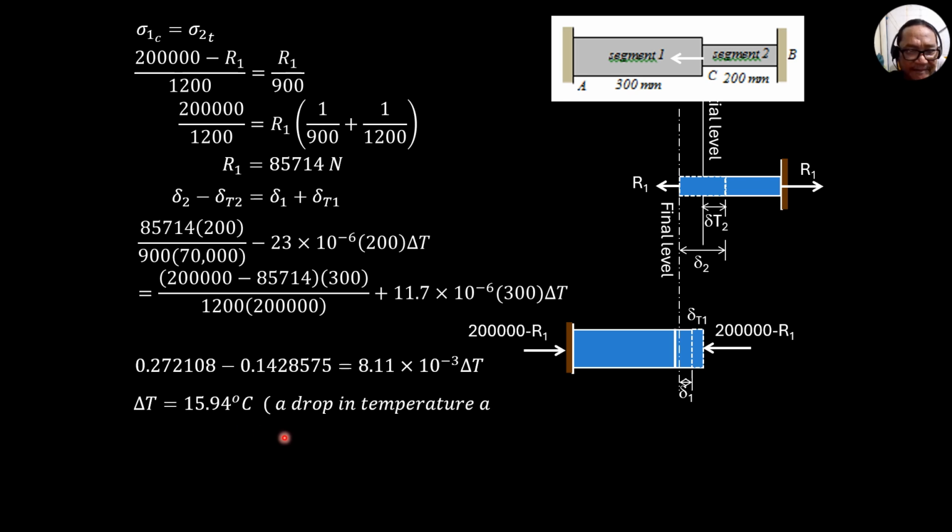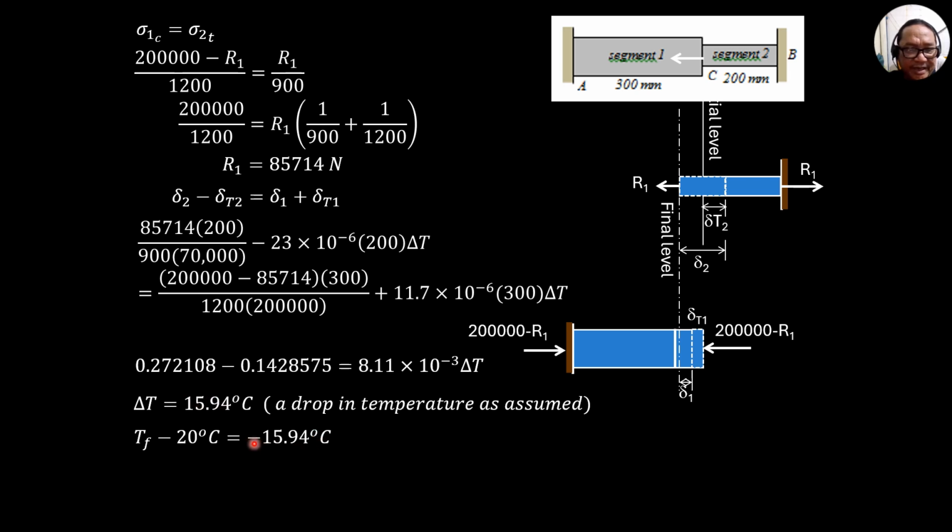So it is a drop as expected in temperature. So therefore, the final temperature minus initial equals negative 15.94 degrees Celsius, because it should be a drop.